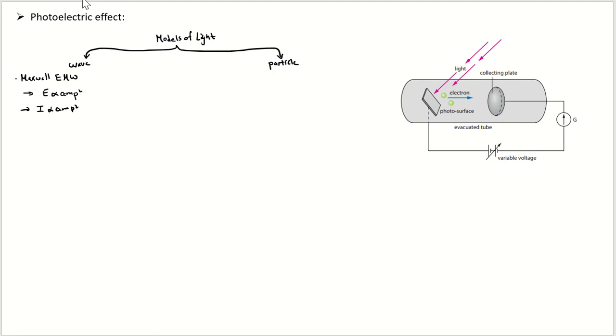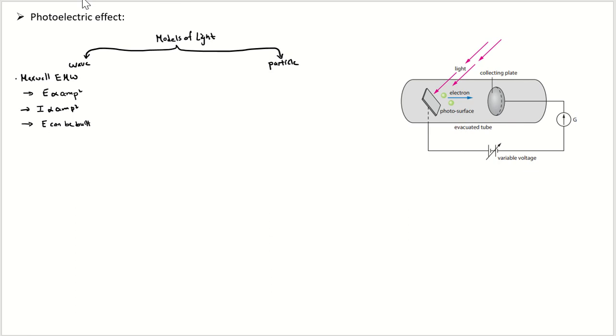And he said that since the wave is continuous, this means that the energy can be built up. For example, since light is a wave, it's continuous, which means that if I wait for a certain time, the energy can build up with time.